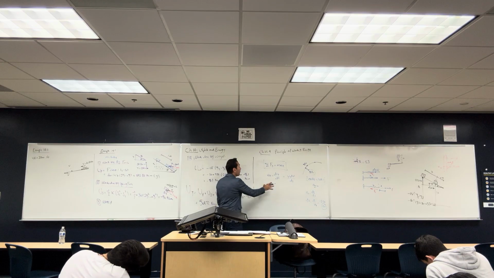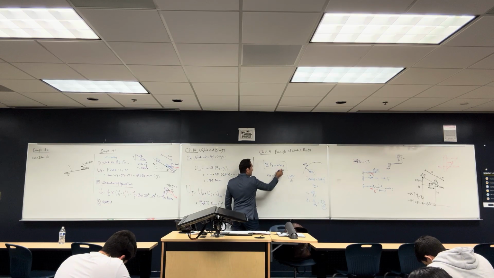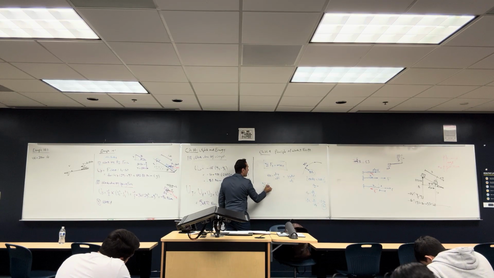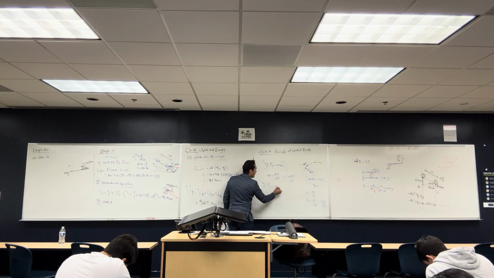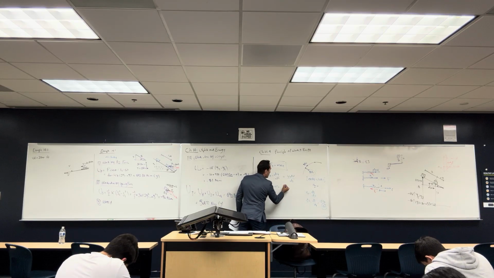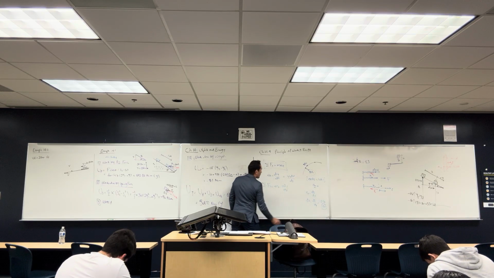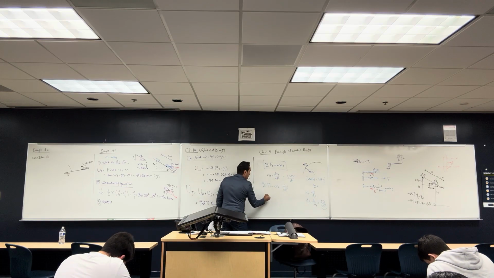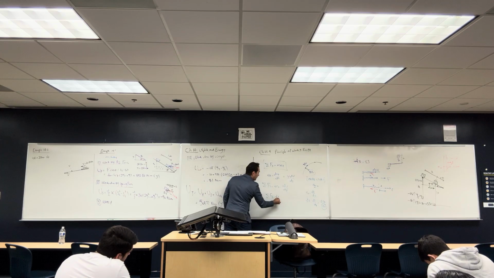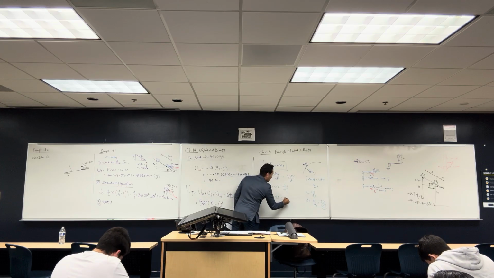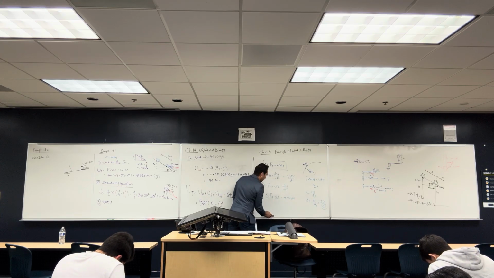All right, so basically I can take this and substitute here and say that the sum of the forces in the tangent direction is equal to the mass multiplied by v dv over ds. And then I can rearrange this equation. It's going to be the sum of F tangent, and then I'm going to have ds here, and this is going to be equal to m v dv.